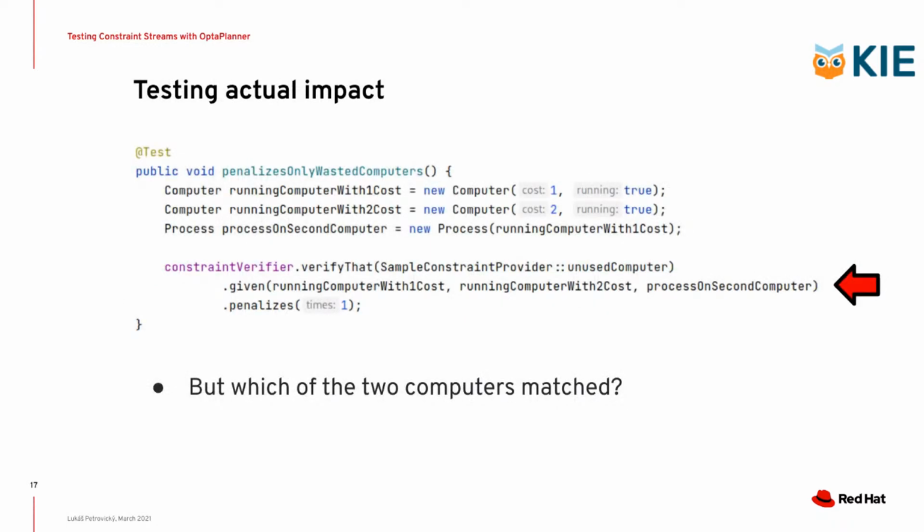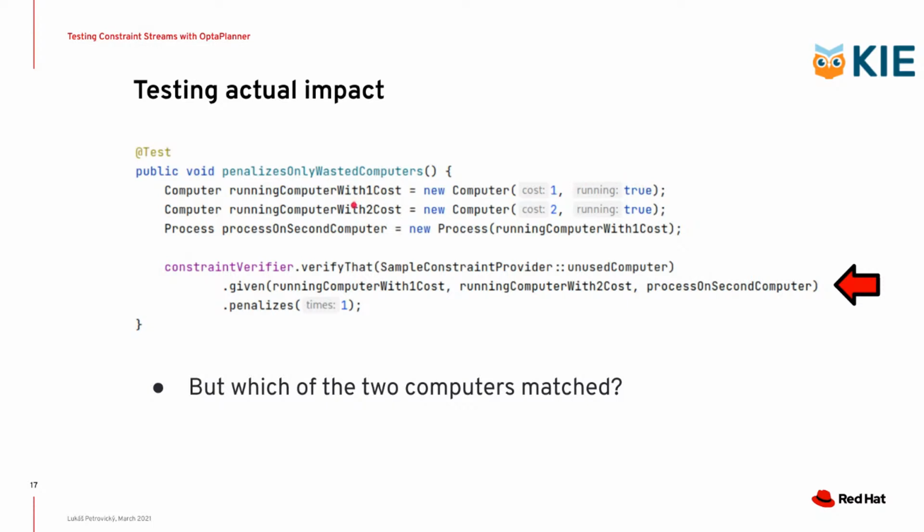Now, it may not be good enough to see just the 1 penalty, right? It's not enough to know that something failed. You would like to understand what failed. So for that, we actually write a test that's a bit more complex. So we keep our first computer in the test, cost 1, and it's running.